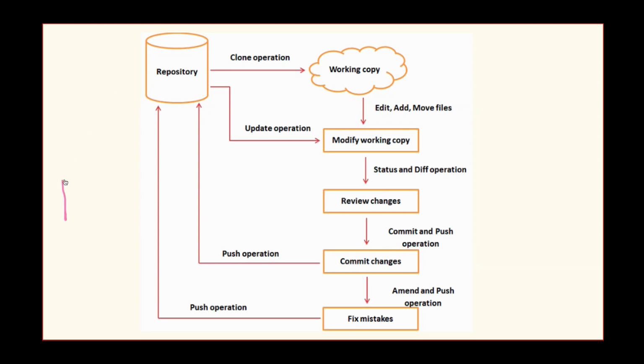There are two types of commands, push and pull. Let's say this is your local machine. The push operation is basically pushing all the latest changes to the online repository, and the pull operation is the opposite of push, that is, pulling all the latest changes to the local computer. These are two operations which are very much used when working with the remote repository.